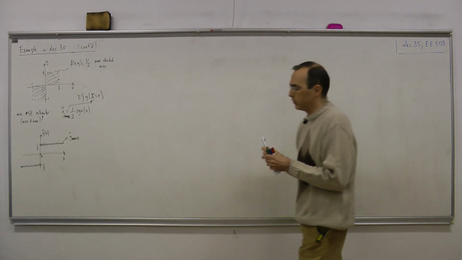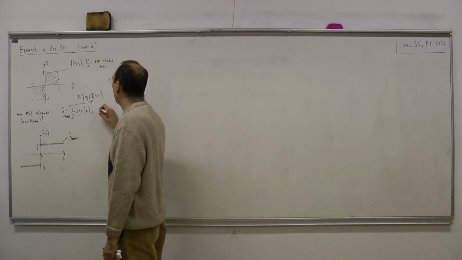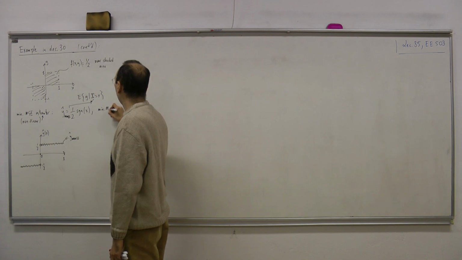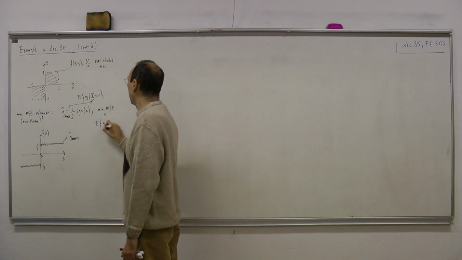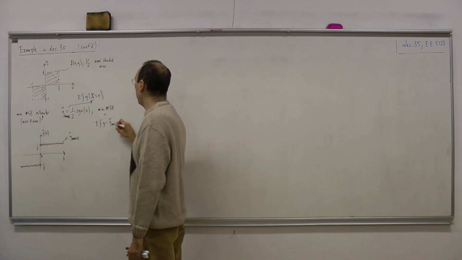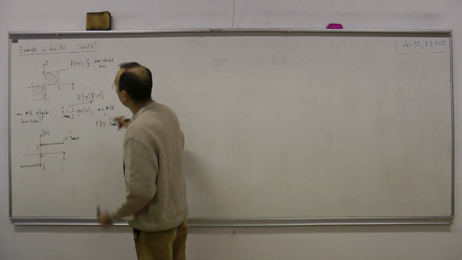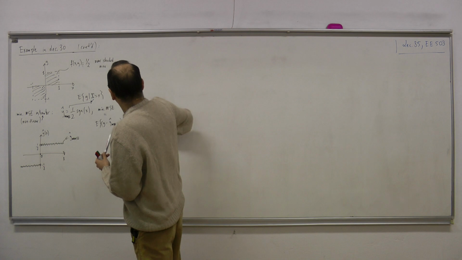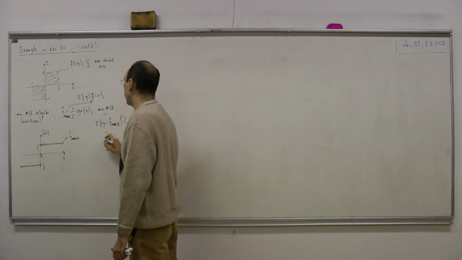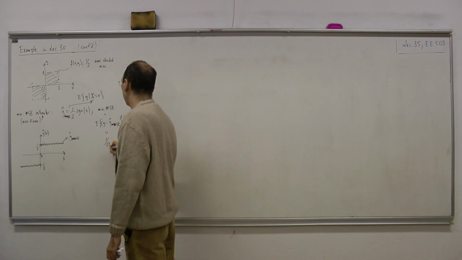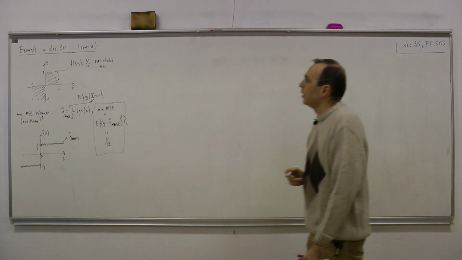We have also calculated the minimum MSE for this estimator, which is the expected value of (y minus y hat MMSE) squared, and we found it to be 1/12.